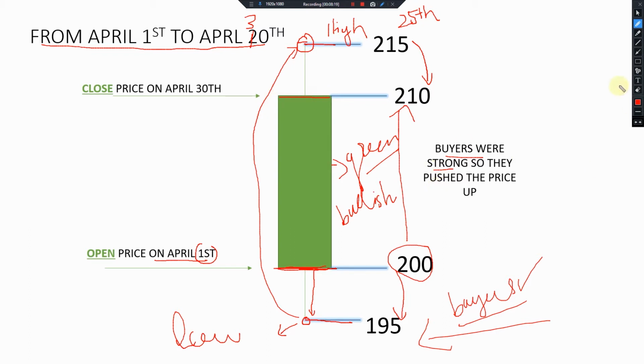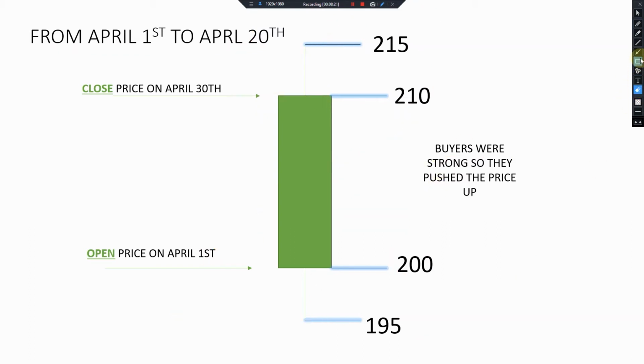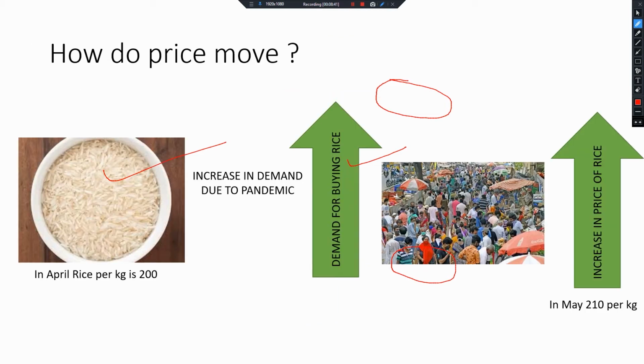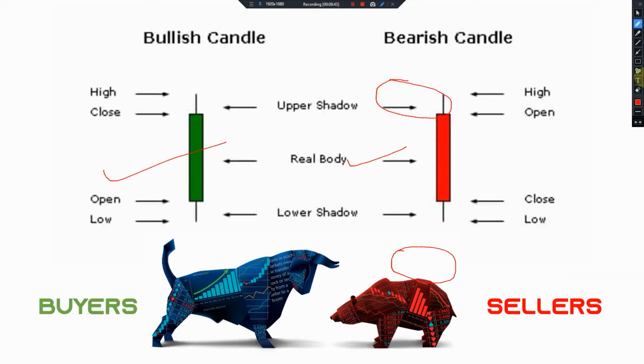Alright, so this is a bullish candle. This green candle represents a bullish candle because the price went from an opening price of 200 to a closing price of 210 that month. Now I hope you understand what a bullish candle is, and I'll show it once again. In the bullish candle, this was the low price during that period.